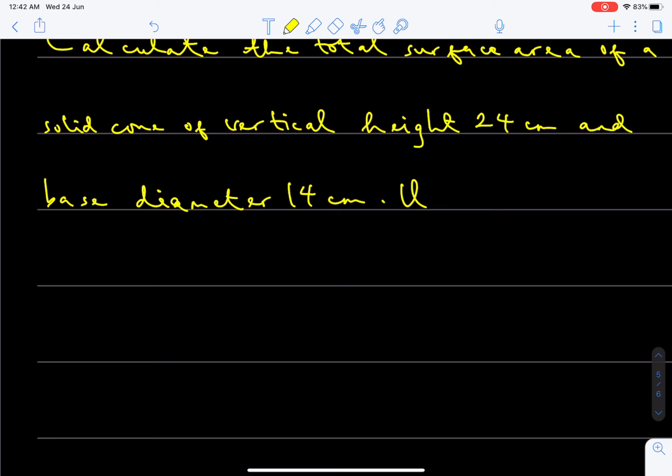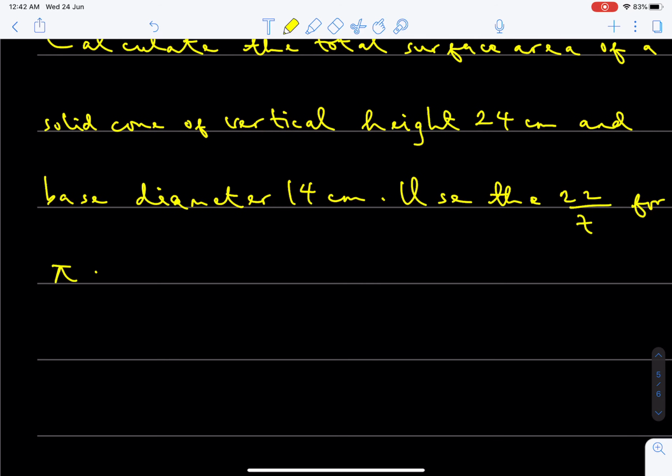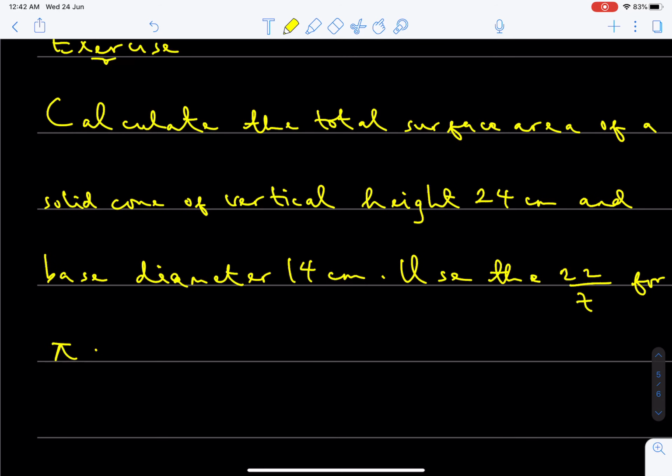And here they want us to use the value 22/7 for pi. So pi is 22/7. And that's it, very simply. I'm sure you'll be able to answer that question.